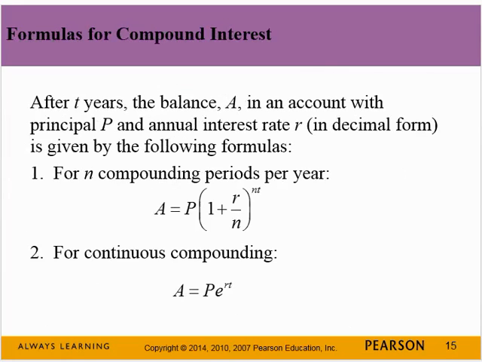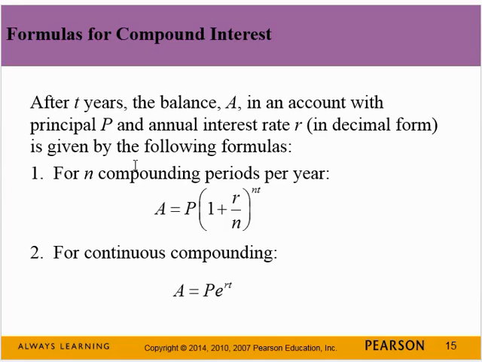So the next thing we're going to talk about is formulas for compound interest. After t years, a balance A in an account with principal P and the annual interest rate r, your r has to be in decimal form, is given by the following formulas. You want to write these two down.